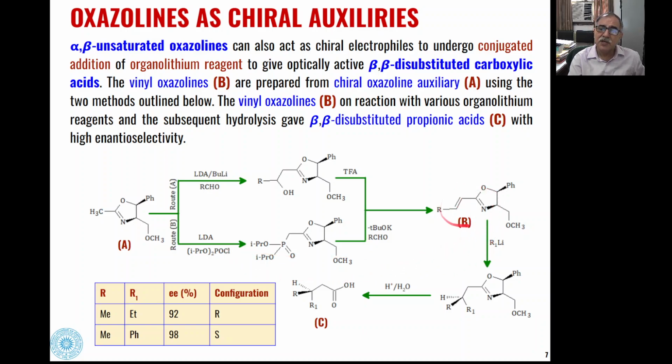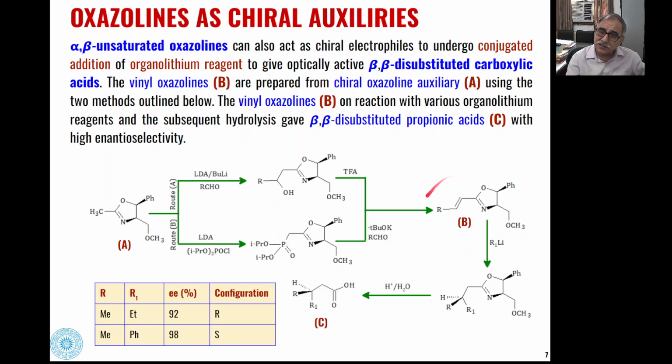Similarly, these vinyl oxazolines can also be prepared through this route, by reaction with LDA followed by diisopropyl phosphorus oxychloride, we will get these types of intermediates, which on reaction with aldehyde in presence of a strong base will lead to the formation of vinyl oxazolines.